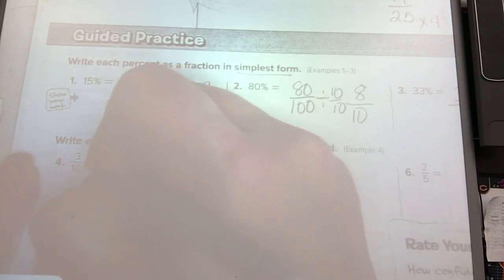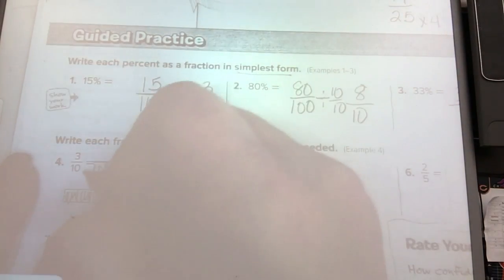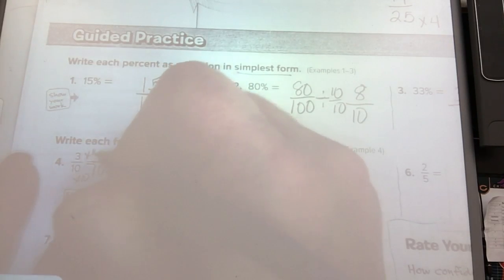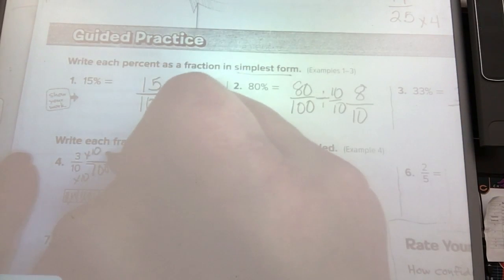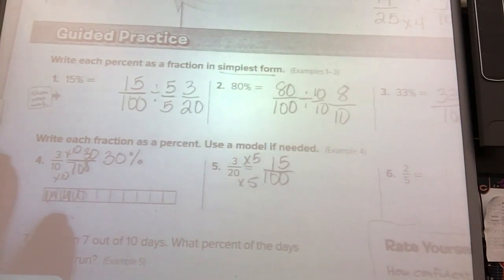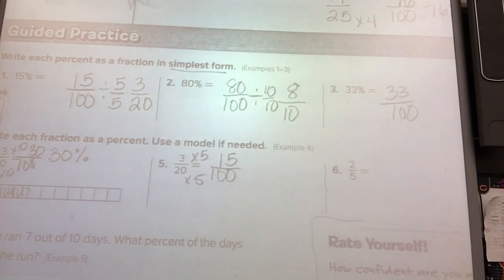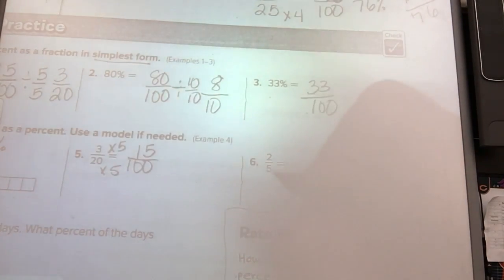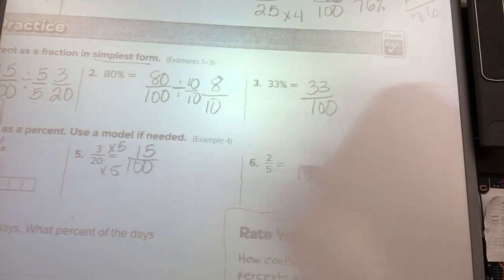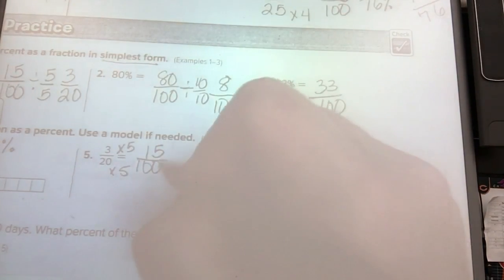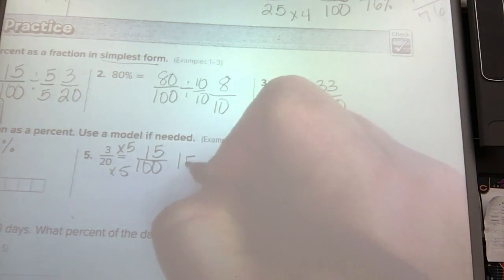Get to 100. That's the main thing. If you get to 100, you got it made. 10 times 10 is 100. What you do on the bottom, do on the top. 10 times 3 would have been 30. So if you like that method better, do it that way. That works just fine. The object is to get it to 100. Oh, I'm sorry, I didn't finish this one. 15 over 100, that's 15%.